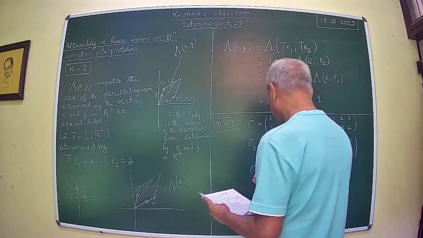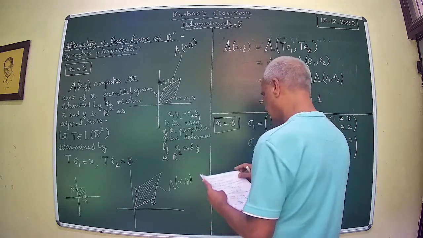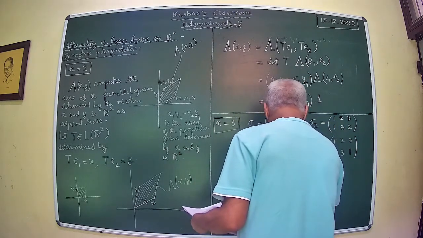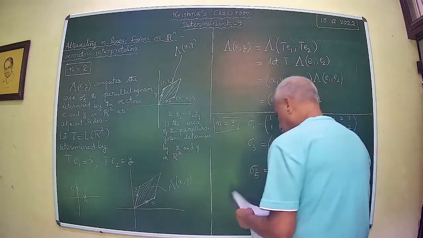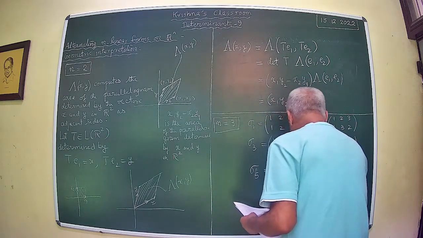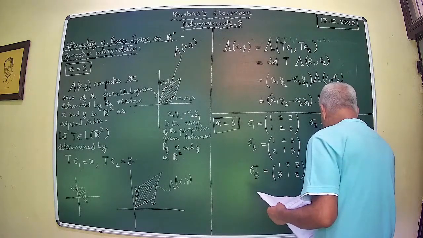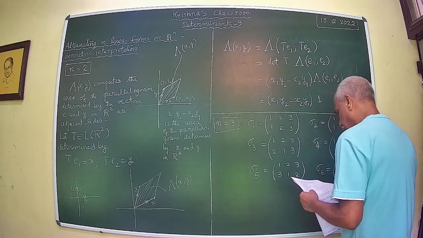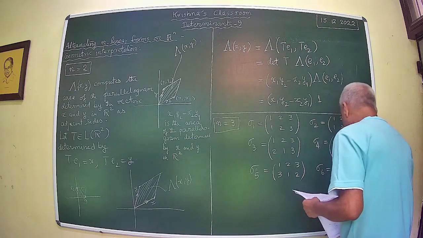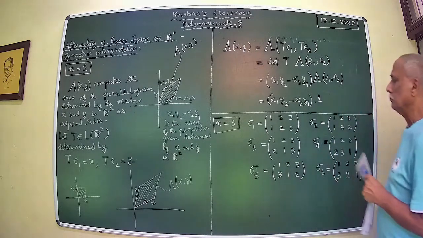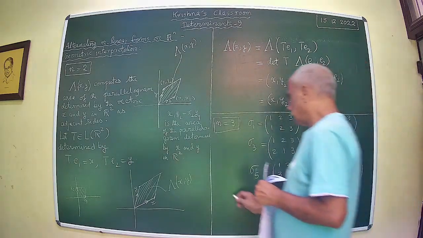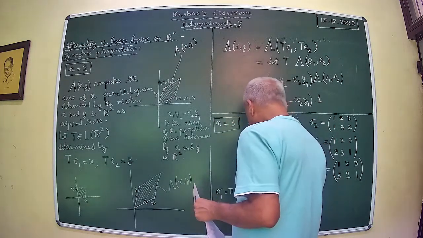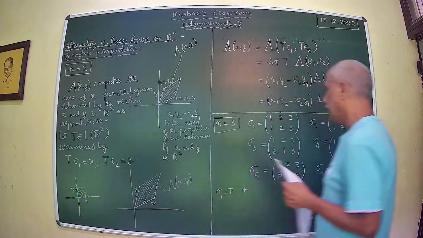Sigma 5 is the permutation 1, 2, 3 going over to 3, 1, 2. Sigma 6 is the permutation 1, 2, 3 going over to 3, 2, 1. Now sigma 1 is the identity, and its sign is plus.